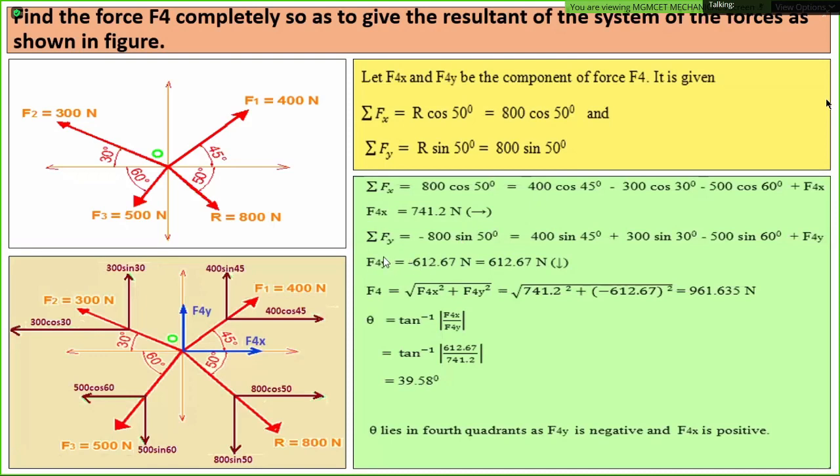So summation of f of y is equal to minus 800 sin 50, because it is acting in downward direction, that's why it is minus here. Then write down the equation, you will get the value of f4y is equal to 612.67 Newton here.